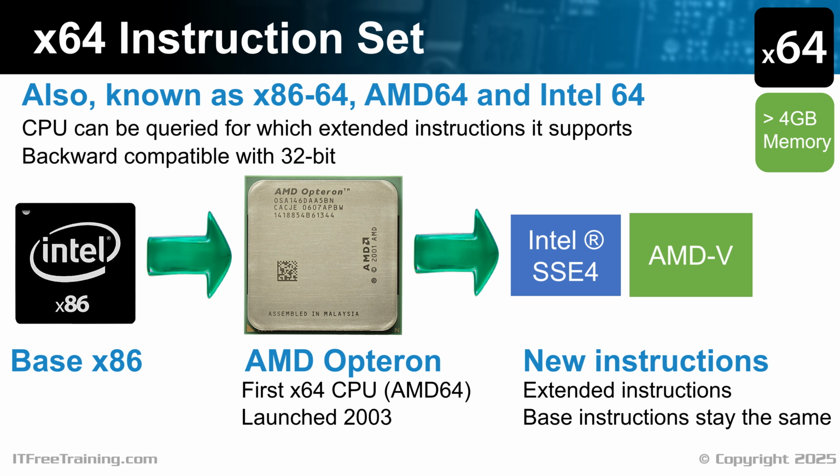You can run both on the same computer without any problems. The x86 and x64 instruction sets have been quite popular in computing, but do have disadvantages, these mainly being power use and heat issues. Let's have a look at a different instruction set which addresses these problems.